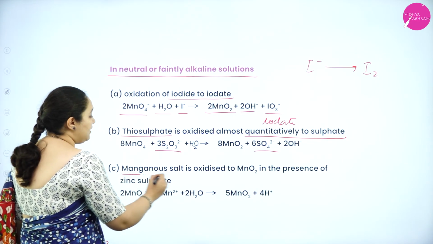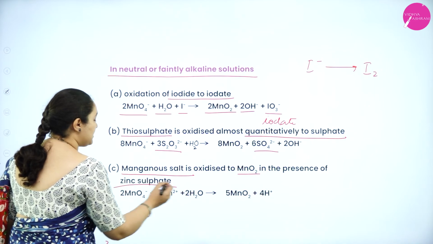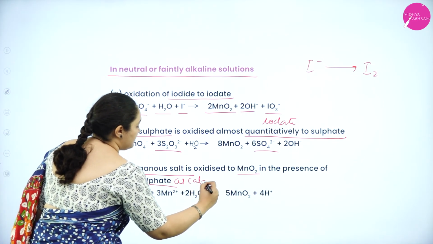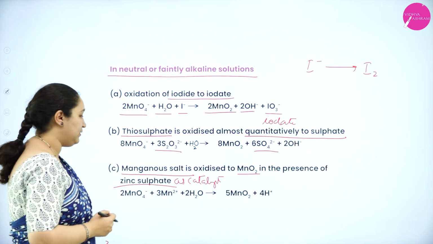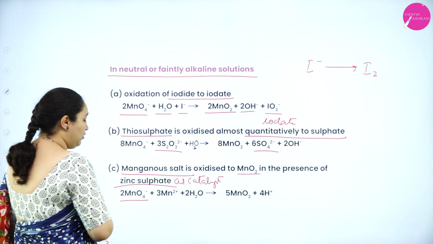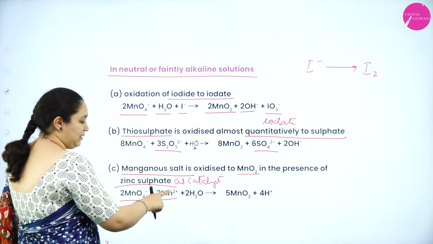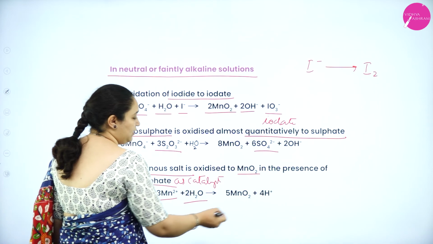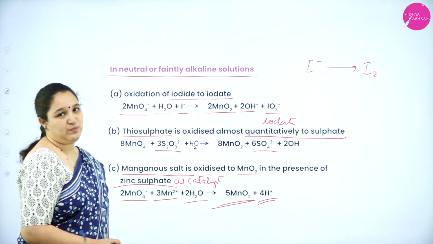Last is manganese salt is oxidized to MnO2 in the presence of zinc sulfate as catalyst. So you have to use the catalyst here, only then the reaction will happen. What is happening here? MnO4 minus, that is permanganate, with manganese salt, Mn 2 plus state, with water gives MnO2 and H plus ion is liberated.